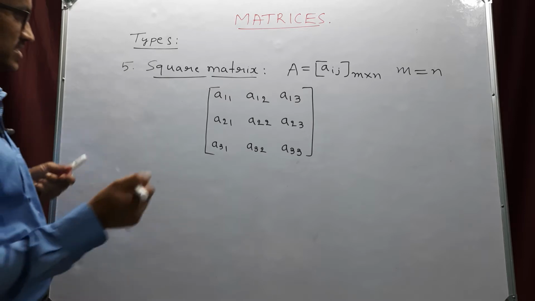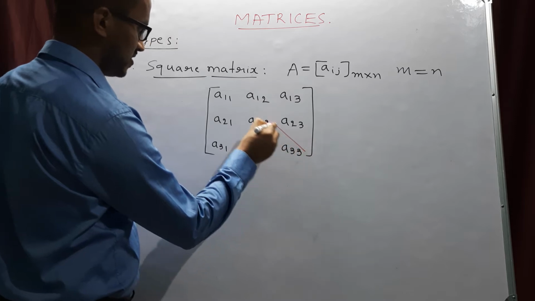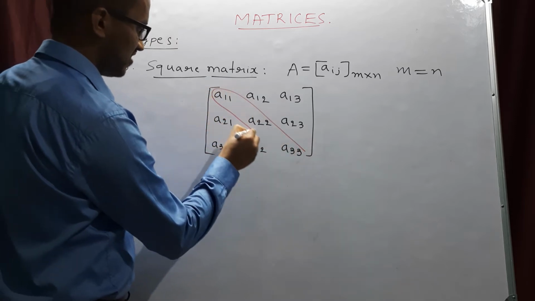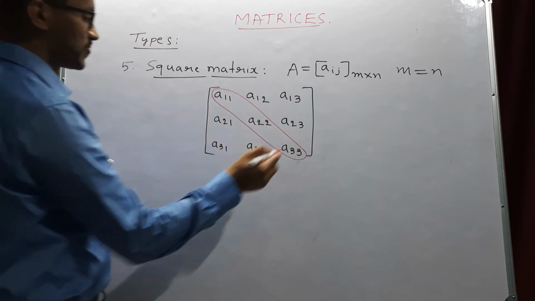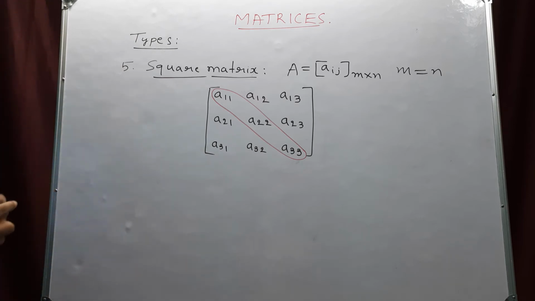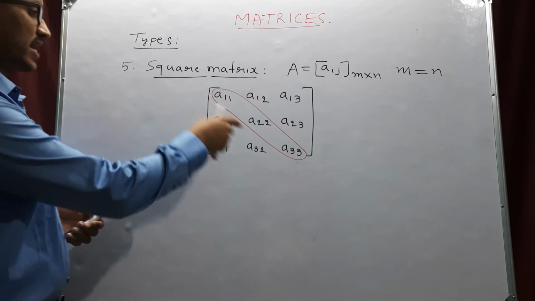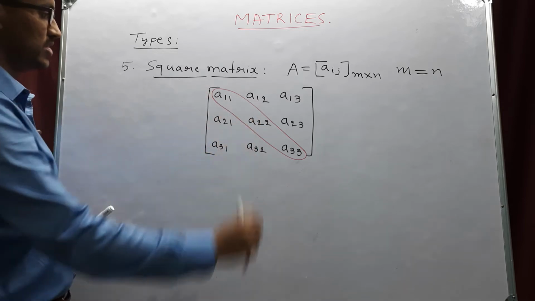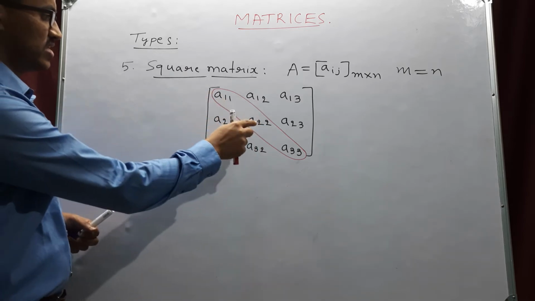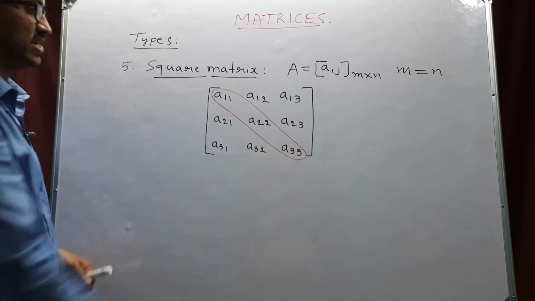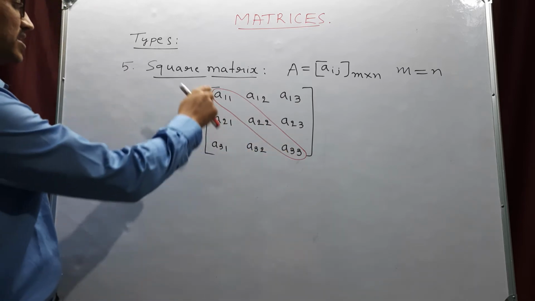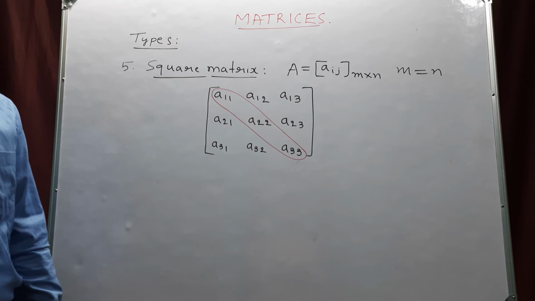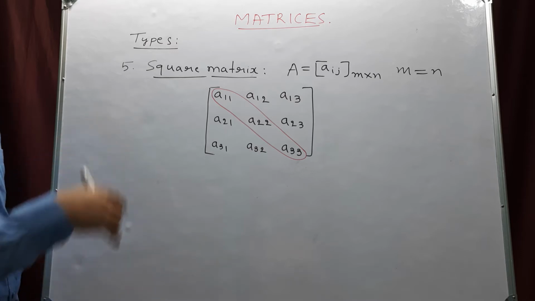And these elements A11, A22 and A33, we call them diagonal elements, and the line joining these elements A11, A22, A33, we call the principal diagonal or leading diagonal.